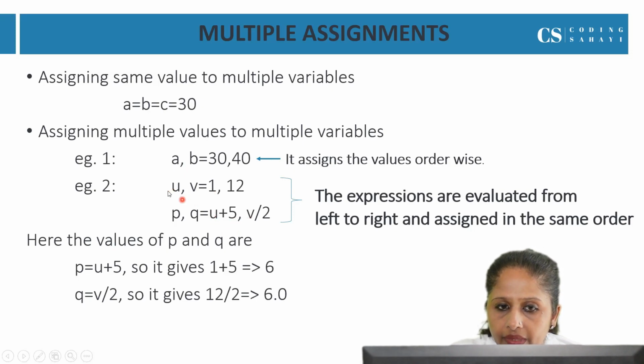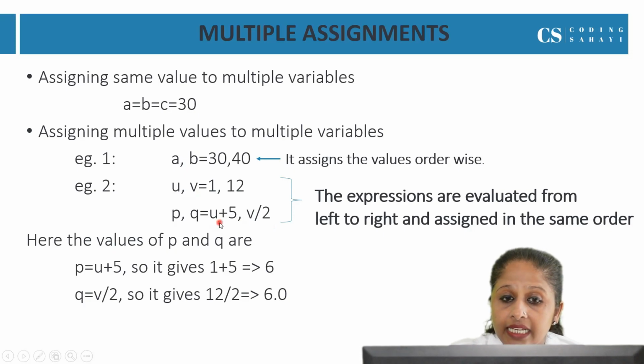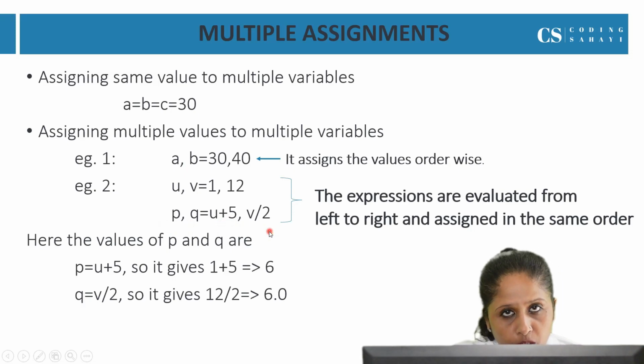U is 1. So 1 plus 5 is 6. Then we have v is 12, so v by 2 is 12 divided by 2, which is 6.0. So here we are getting 6 comma 6.0. That will be assigned in that order only: p gets the value 6 and q gets the value 6.0.